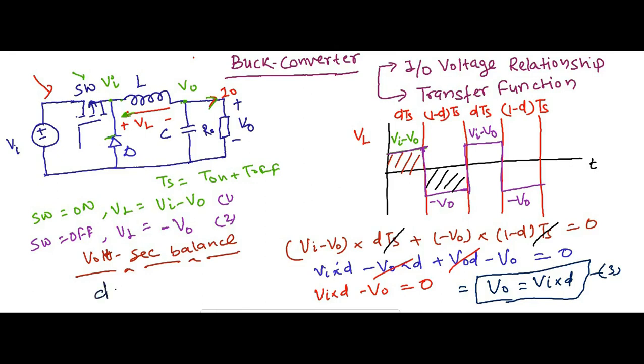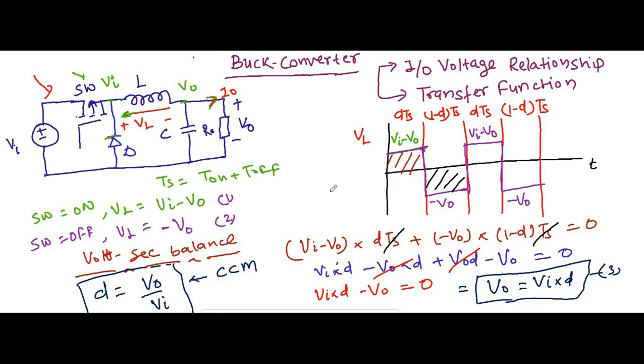The duty cycle D is given by output voltage divided by input voltage, and this expression is only valid for continuous conduction mode, CCM mode. So you got your input to output voltage relationship, V naught equals Vi into d, and you also know how to calculate the duty cycle, which is given by D equals V naught divided by Vi.